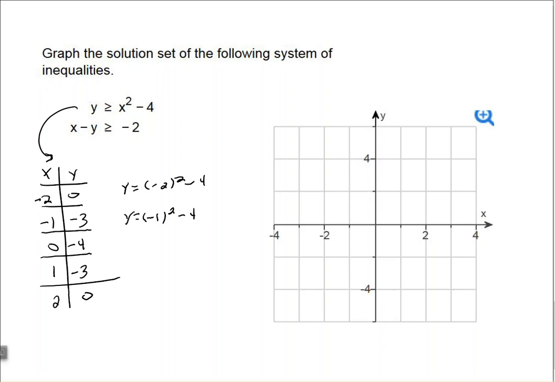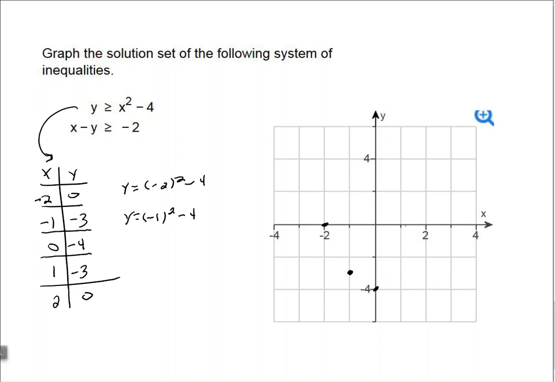All right, so let's see here. We have (0, -4), (-1, -3). Now, be careful here on my y-axis. It is counting by twos. So we have -2, -4. So (-1, -3) would be right there. (-2, 0).